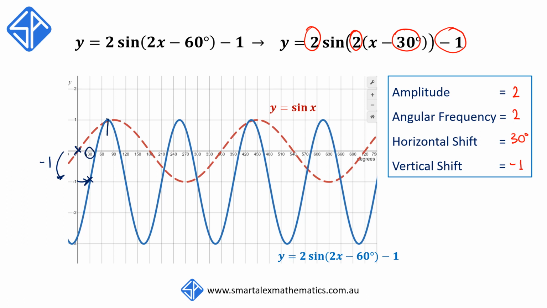The amplitude has also changed from 1 unit to 2 units. And if we look at the angular frequency of 2, it means that we're able to complete 2 cycles within 360 degrees. And because we're starting at 30 degrees, adding 360 to that, that's going to be 390 degrees. So starting from 30 degrees, that's our first cycle, and this is our second cycle.